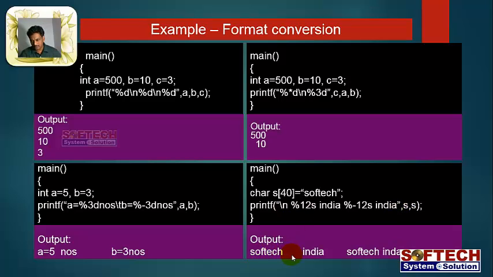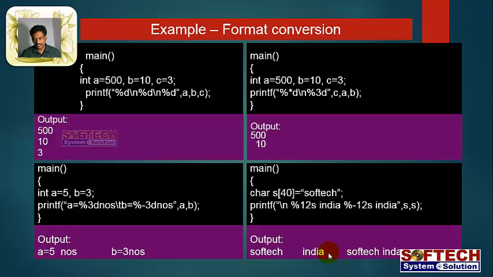So it displays 12 blank spaces, and in these 12 spaces, the first part is occupied by soft tag. That is totally 7 characters. So in 12, 7 used, the remaining is 5. So after soft tag, it leaves 5 blank spaces. Then it prints India.